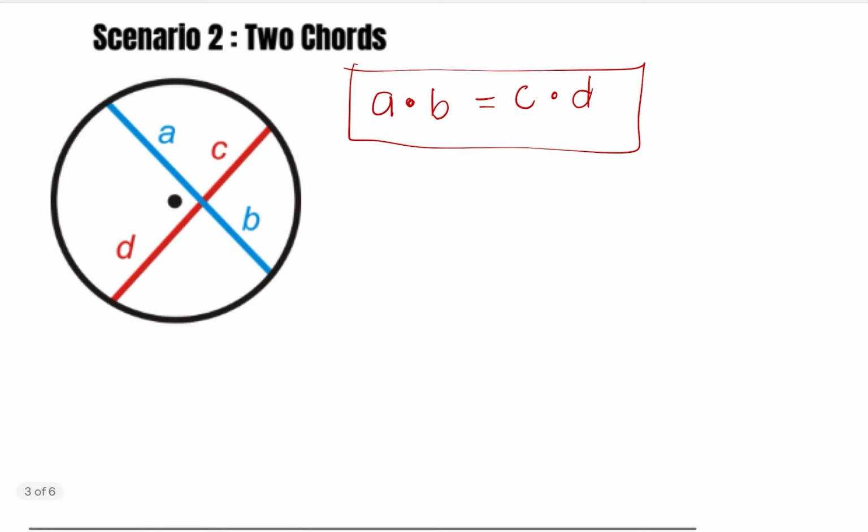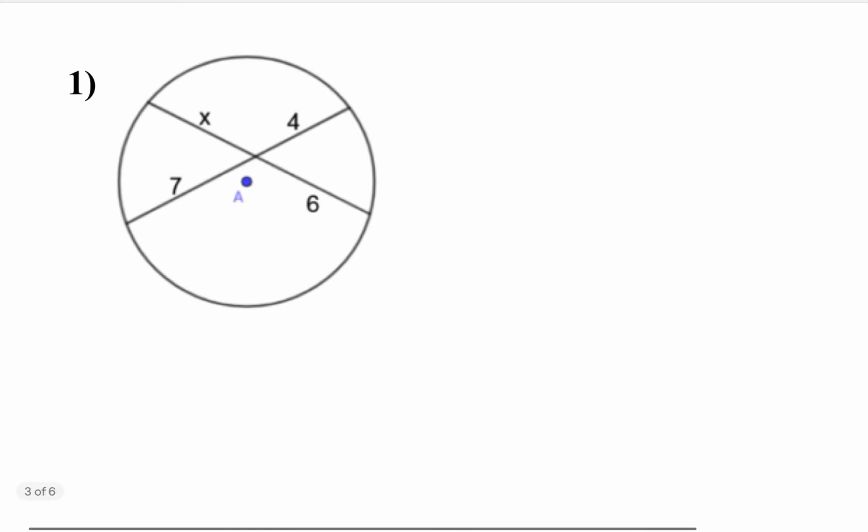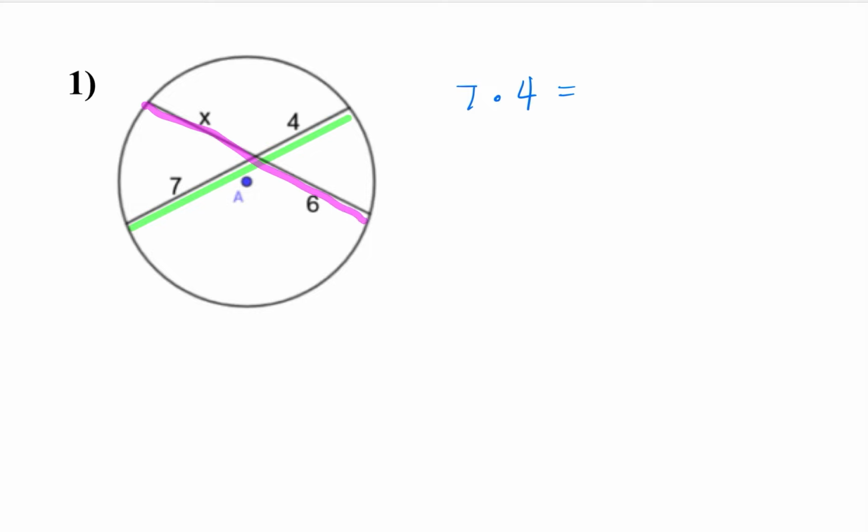Let's apply this into this problem right here. So I am going to start with this part of the line. So I will say 7 times 4 equals, then I'm also considering this line, putting that on the other side of the equation, that would be x times 6. 7 times 4, that should be 28.